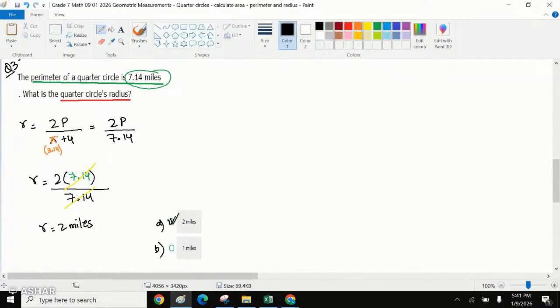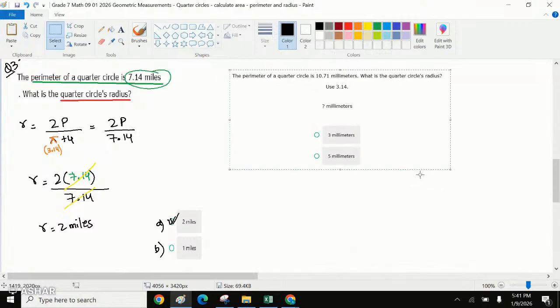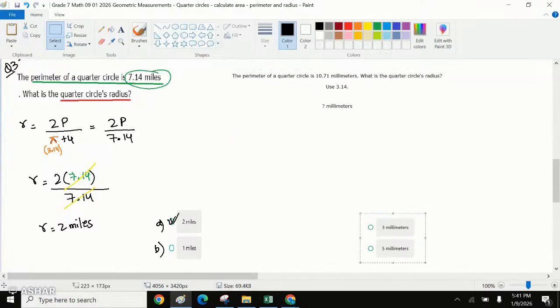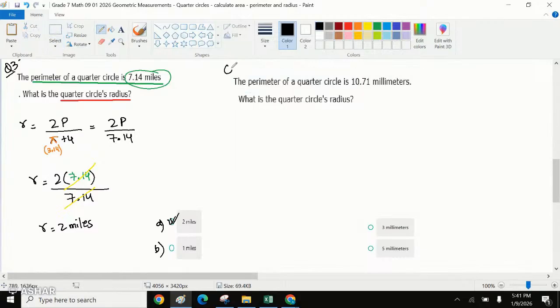Just one more. Okay, let's do it very quickly. Same question, different values. The perimeter is given. They're asking what is the radius. For question number 4, this is given, and we need to find the radius. So we can always use the formula twice the perimeter divided by 7.14.